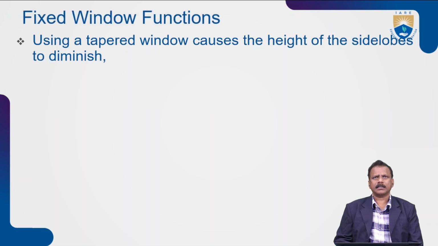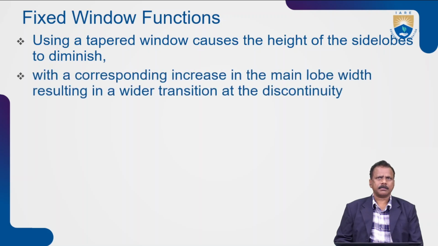These are fixed window functions, with a corresponding increase in the main lobe width, resulting in a wider transition at the discontinuity.